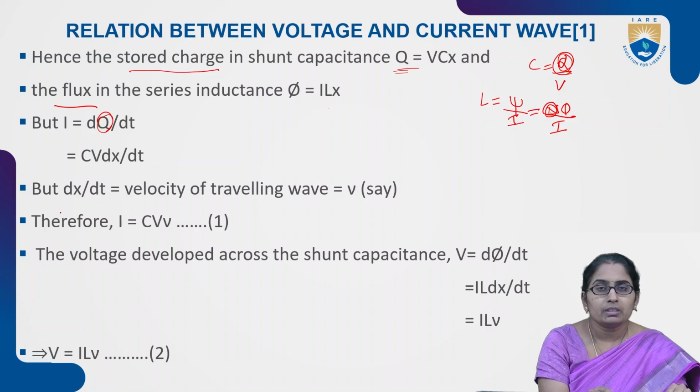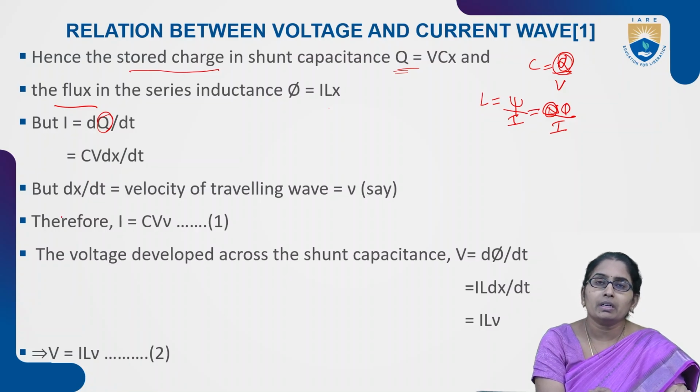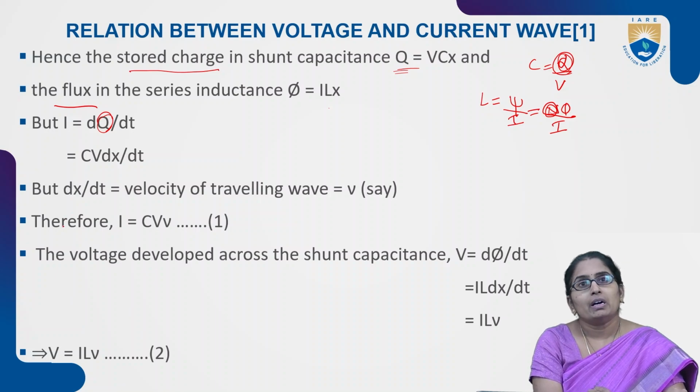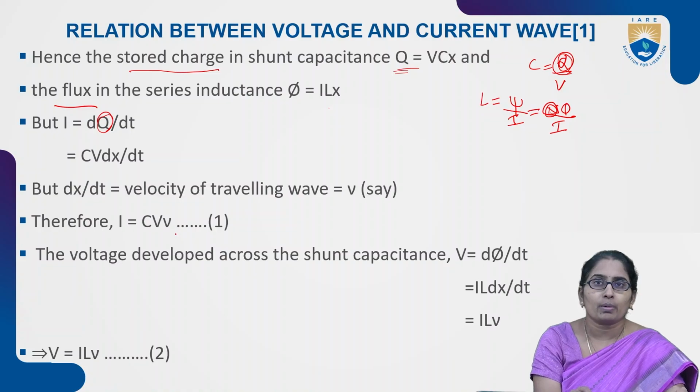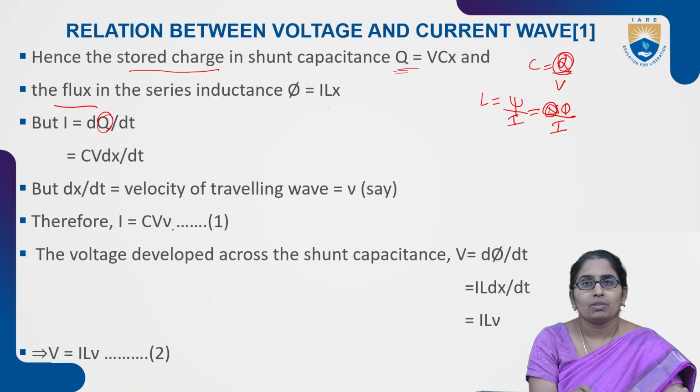Rate of change of distance, dx by dt, is nothing but the velocity of the traveling wave, let us say small v. Therefore, finally, I is equal to C, the capacitance, into voltage V into small v, where small v is the velocity of the traveling wave. Say this is equation 1.